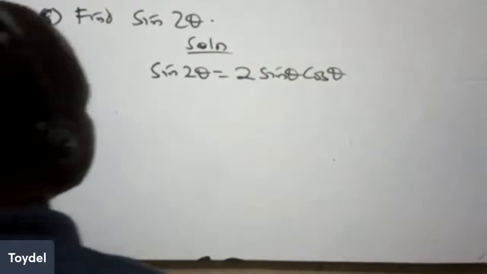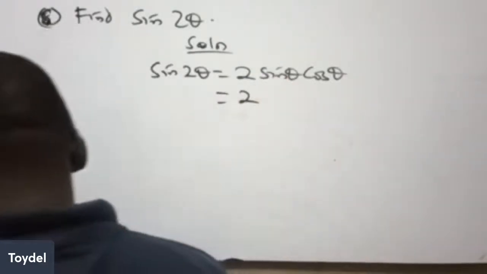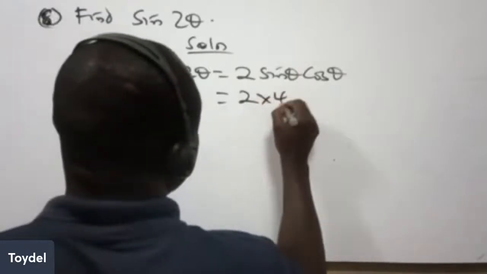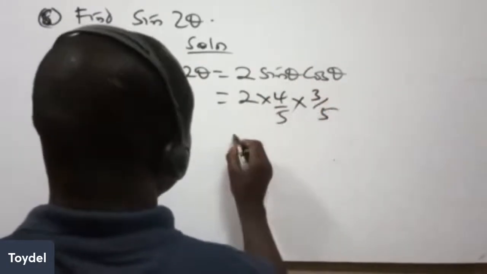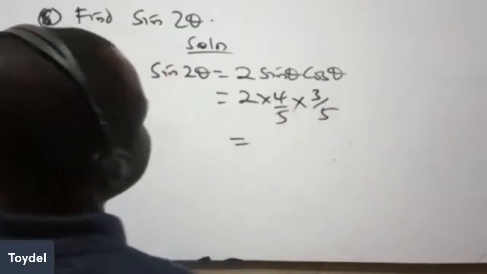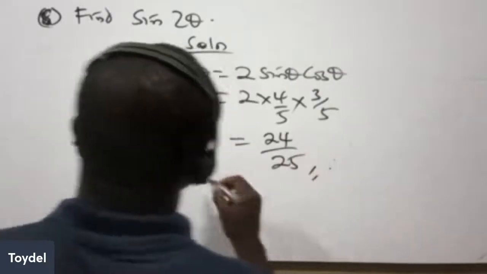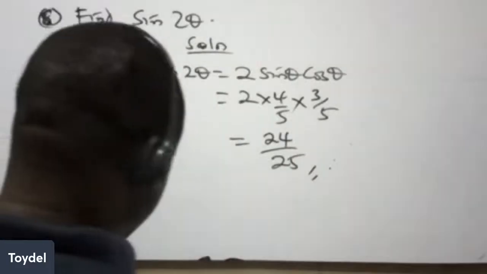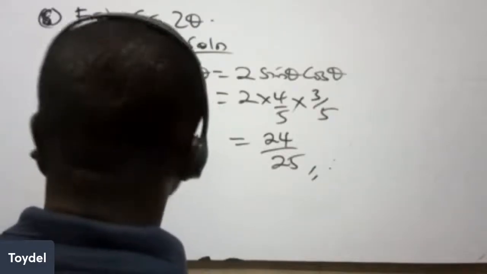Understand? Then in this case, we have 2 times sine theta, which is 4 all over 5, multiplied by cos theta, which is 3 all over 5. At the end of the day, we have 2 times 4, 8, 8 times 3, 24. So we have 24 all over 25. So sine 2 theta is going to give us 24 all over 25.